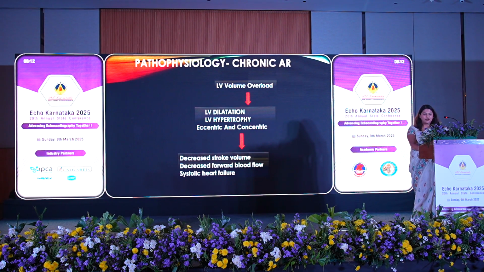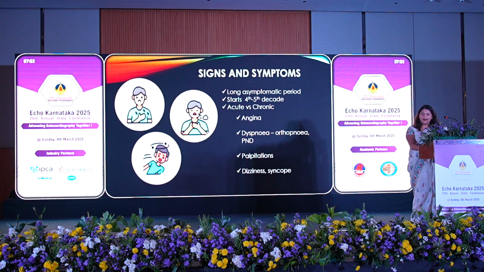This AR presents more like a pressure and volume overload situation, so both eccentric and concentric hypertrophy of the LV are noted. There is subsequently decreased stroke volume, decreased forward blood flow, and systolic heart failure associated with this condition. Most of the patients have a long asymptomatic period.